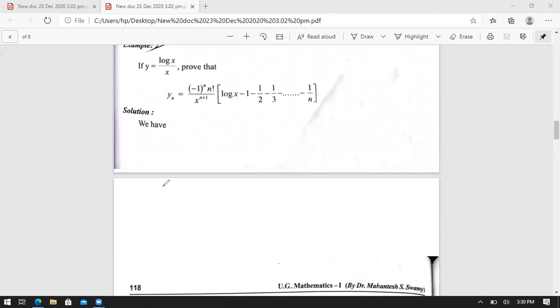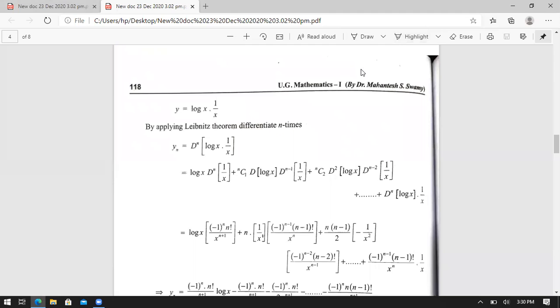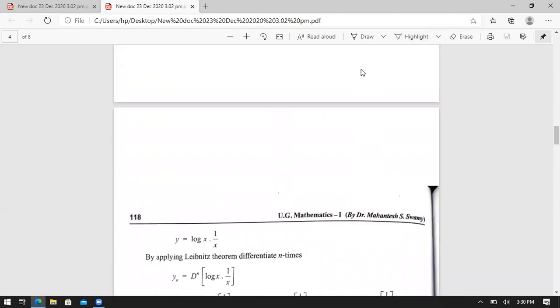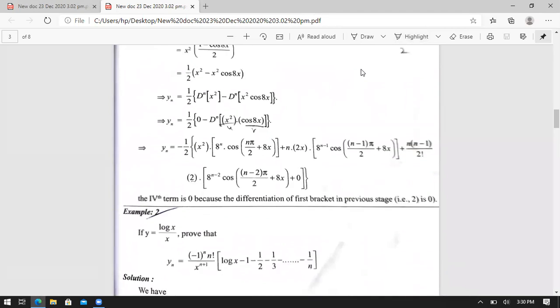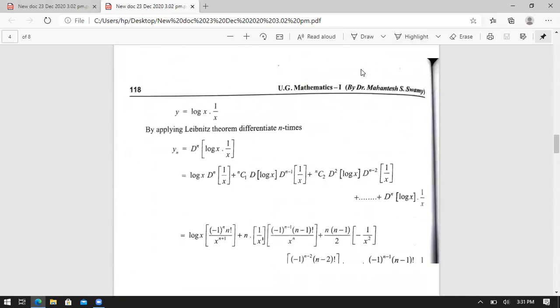Okay, see here. What is your question? Y is equal to log x divided by x. Okay, prove that. You know that log x differentiation is 1 by x.